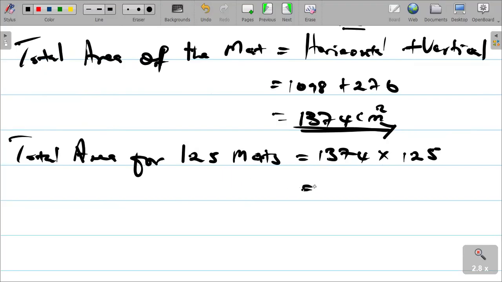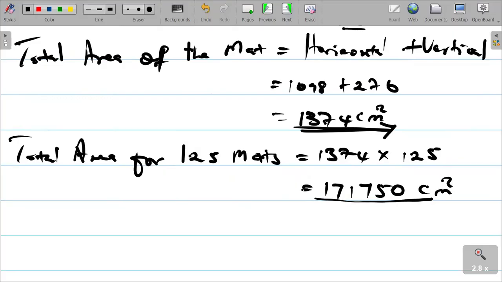That is going to give us 171,750. That is for 125 mats. The total area is that one.